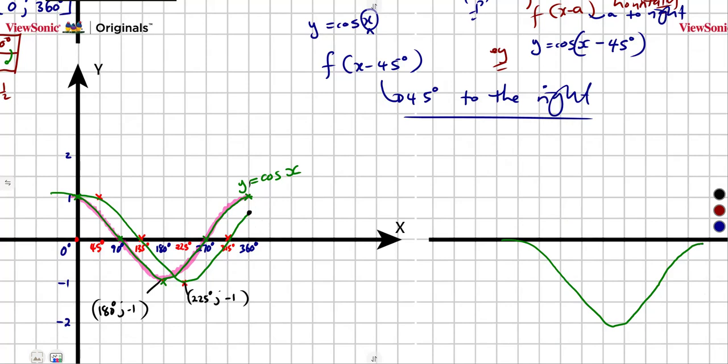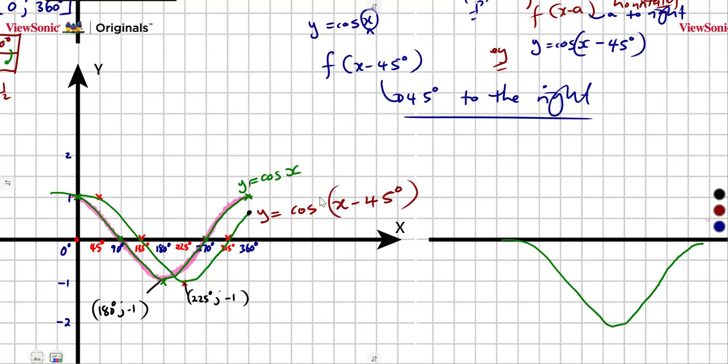It has shifted 45 degrees to the right. From 0 to 45, 90 to 135, 180 to 225, 270 to 315, 360 to 405. That is what is happening. So this is y is equal to the cos of x minus 45 degrees.